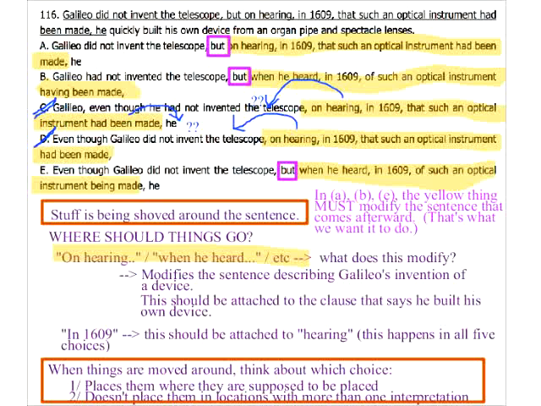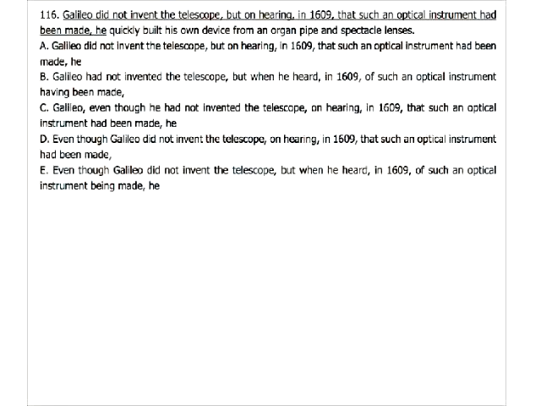B and E are not the main point here, so let's get through this kind of fast. But here's the problem again. B is not actually a sentence because there's no subject. There's a big empty hole here where there's supposed to be a he.